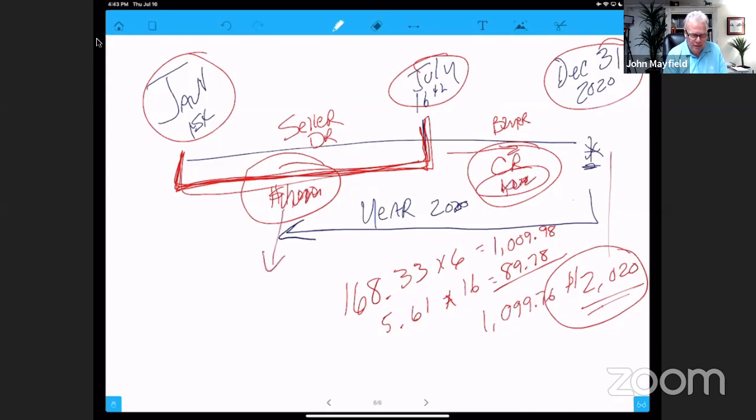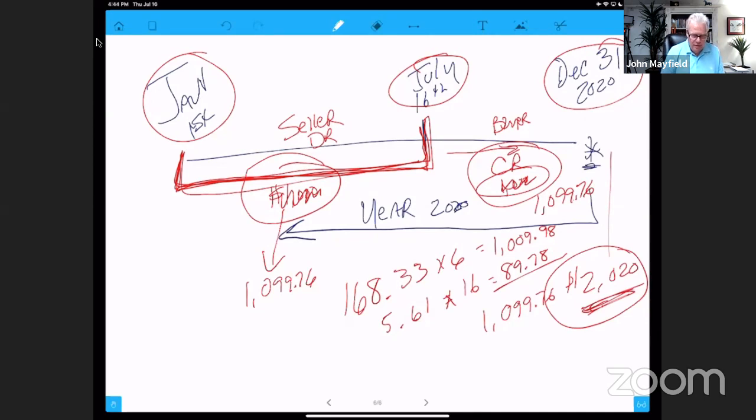This should have been a debit for $1,099.76, and this would have been a credit. And then at the end of the year, the buyer makes the whole payment. You're going to probably see that on the exam.